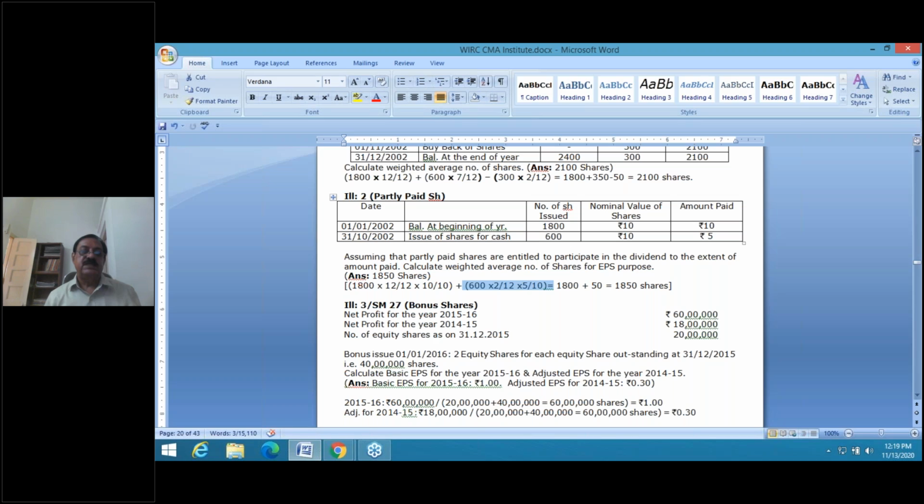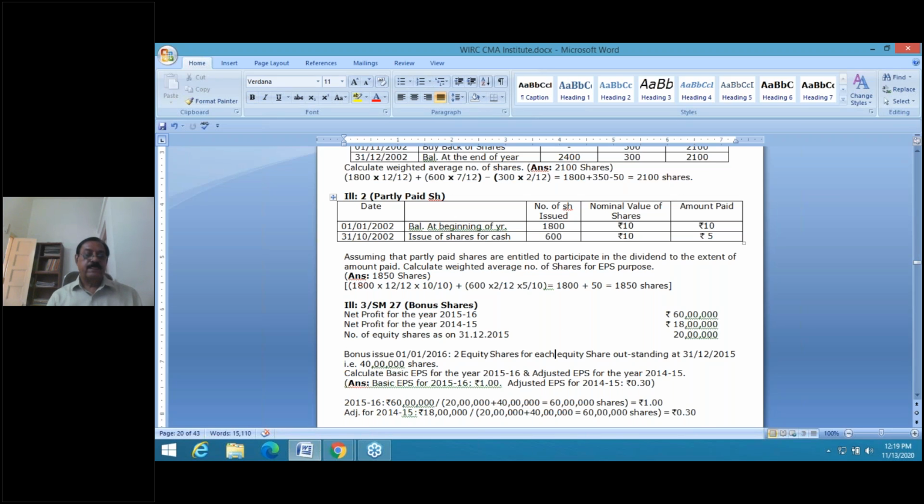The company has used this money to generate profit only for 2 months. So your numerator will consider 2 months of money of these 600 shares. So 600 into 2 by 12 is the time weightage, and against 10 nominal value it is only 5, so 5 by 10 is the value weightage. So accordingly, the figure comes to 1850.